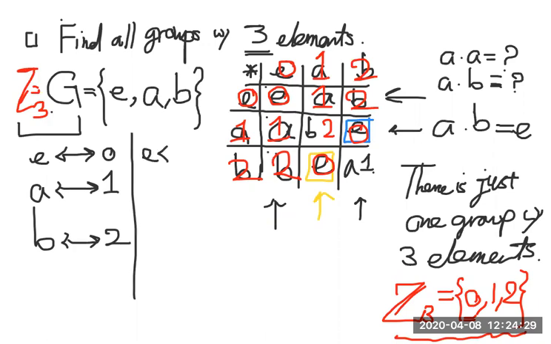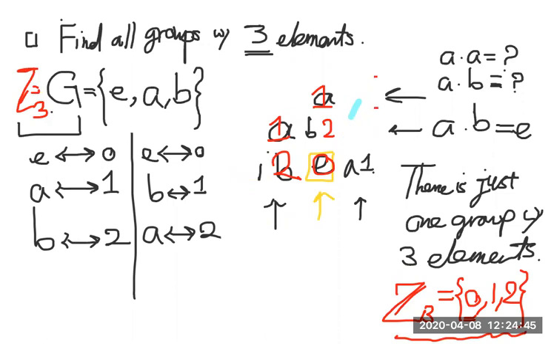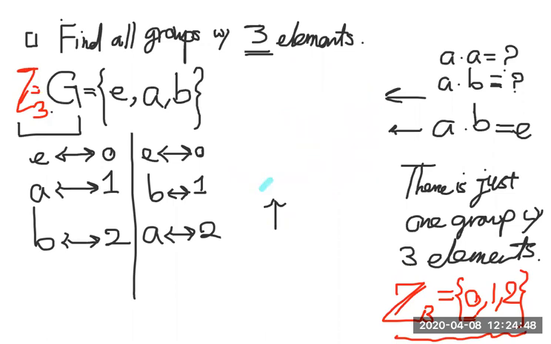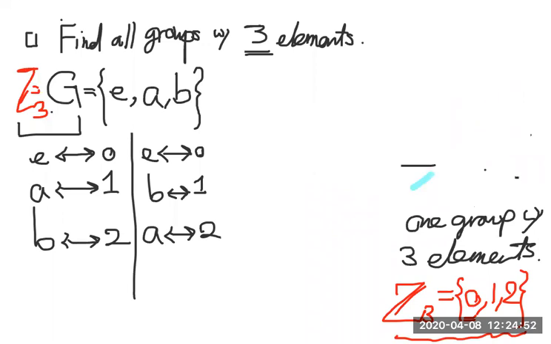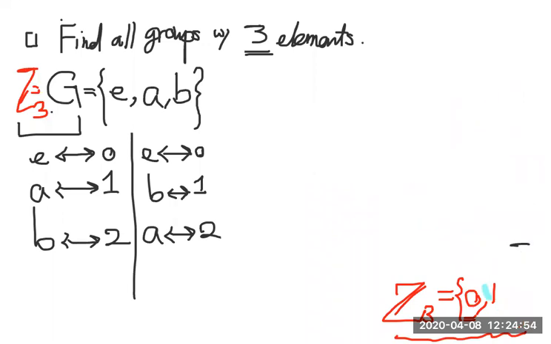What if I say, well, E is 0, of course. But what if I say B corresponds to 1 and A corresponds to 2? Is there going to be any problem? Let's first understand what I mean by problem, and then let's see if that also works or not. And then we would get to a conclusion.